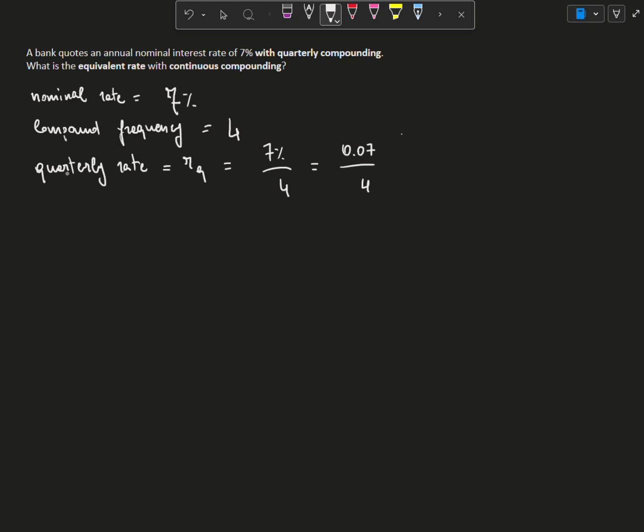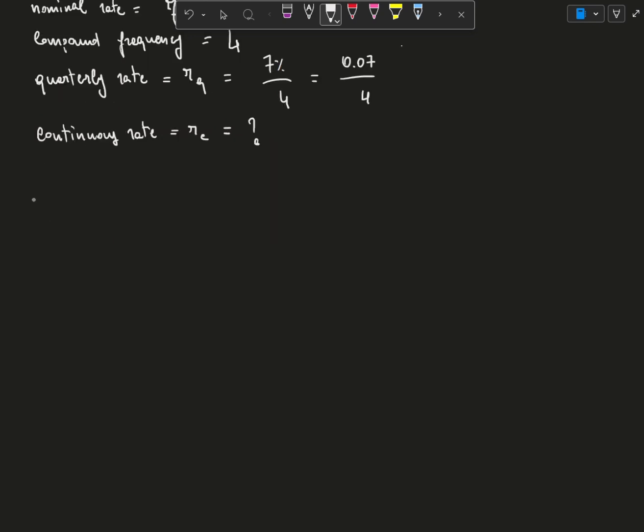And what we need to find is the equivalent continuous rate, which I will denote as RC.